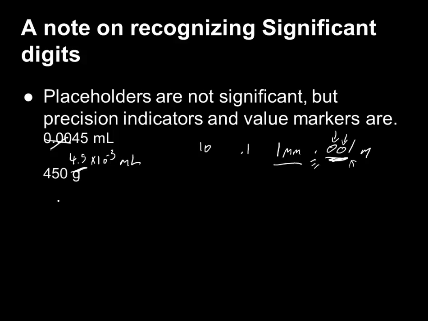If we look at another example, 450 grams, this is ambiguous. Do we know that it's saying it's exactly 450, or is it actually locating this to tell me that this is hundreds, this is tens, this is ones? We're not really sure. We assume that that one is not significant unless there's something to note it. If you want it to be significant, you should write it like this: 4.50 times 10 to the 2.